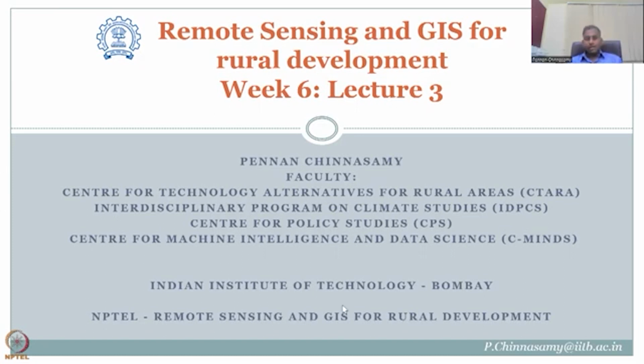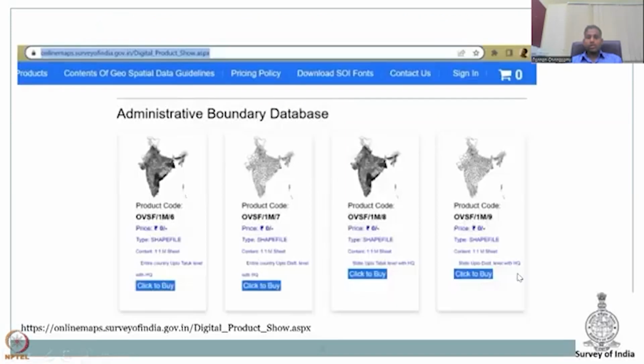In the last class, we looked at this database for buying or accessing data. So let us once again revisit this website and download and show an optimum data set that we can use.